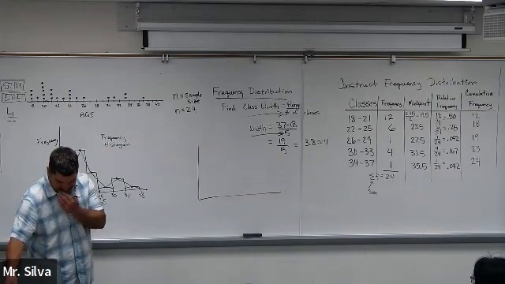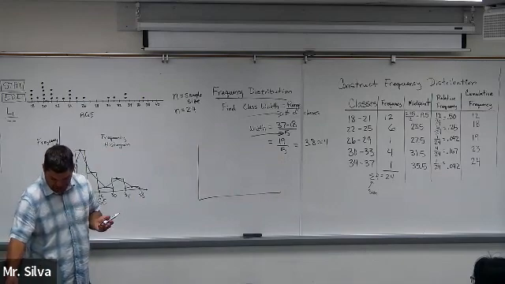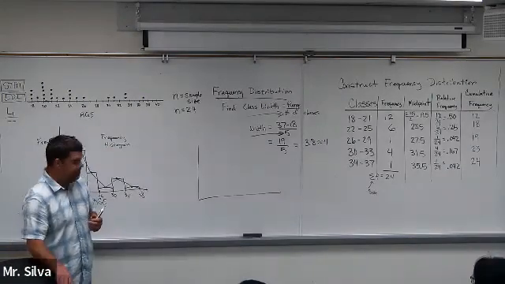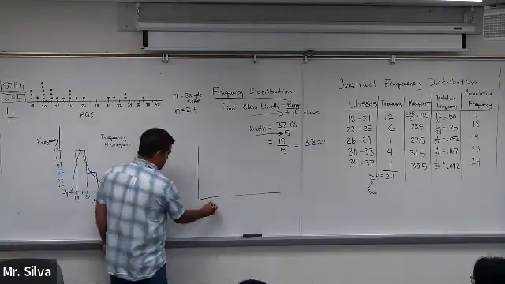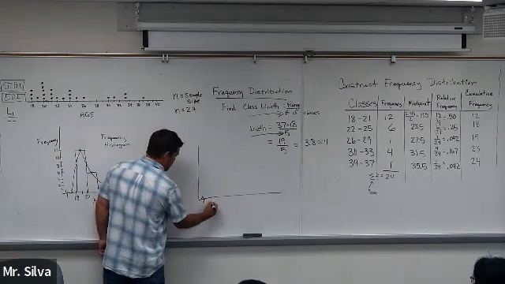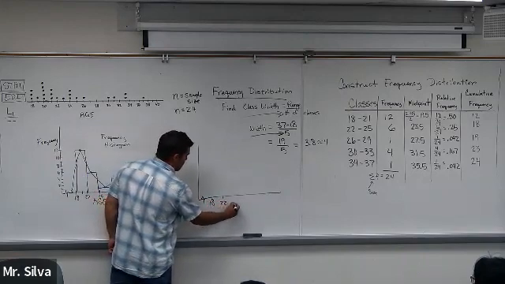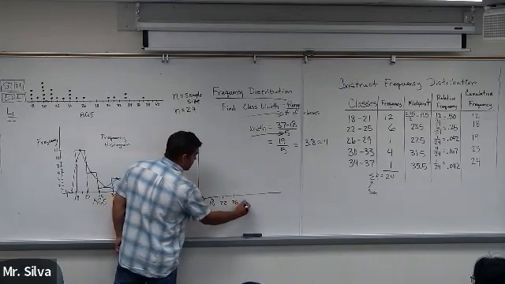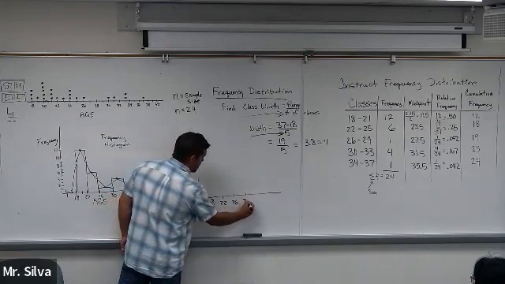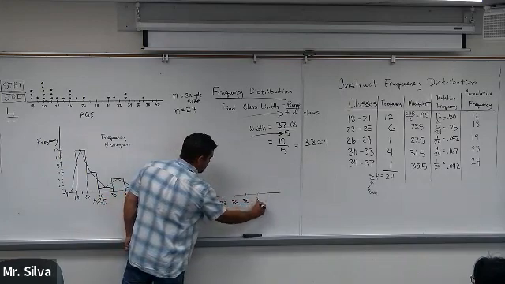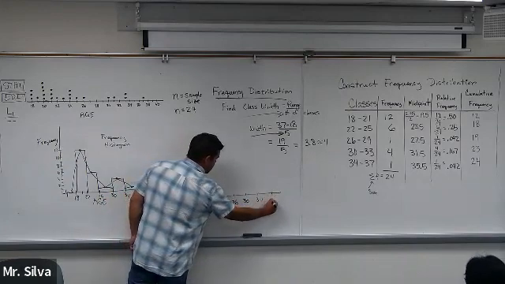They use boundaries again. That's extra work, finding the boundaries. So I'm going to use the lower class limits that I already created. I already created those. We start at 18. Do the same exact thing that I did. 18, 22, 26, 30, 34. Last one, 38.